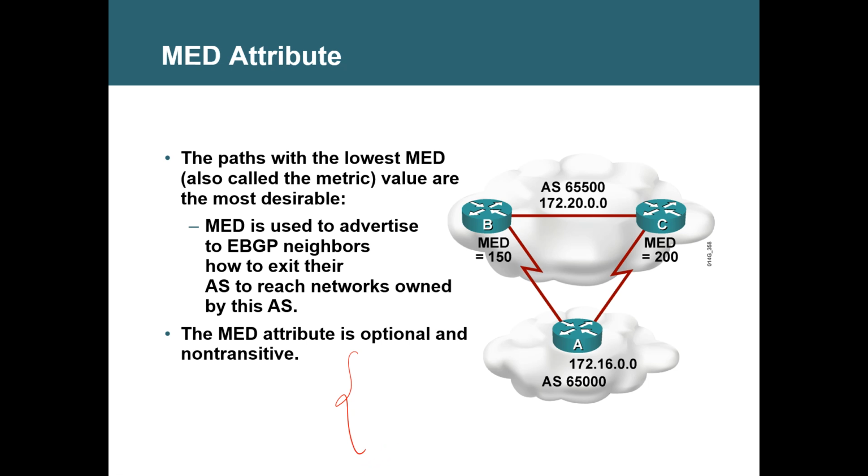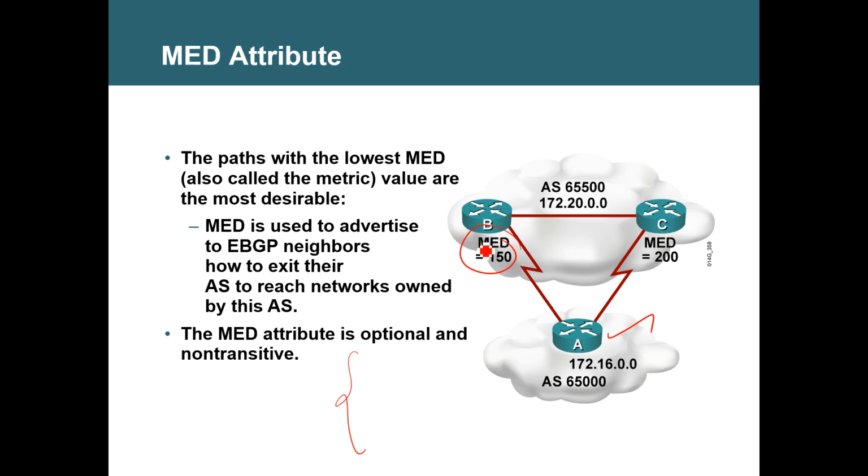In such a scenario, the sixth attribute, which is the service provider's choice, comes in. The first five choices you have to make, but when you don't make them, then the service provider gets the chance of dictating to your router how to leave your autonomous system to come to the ISP network.